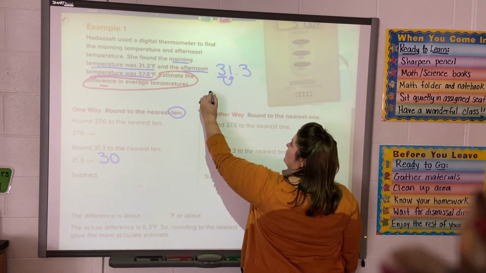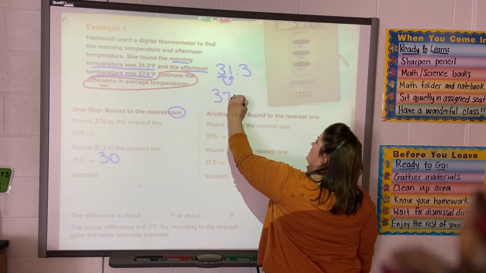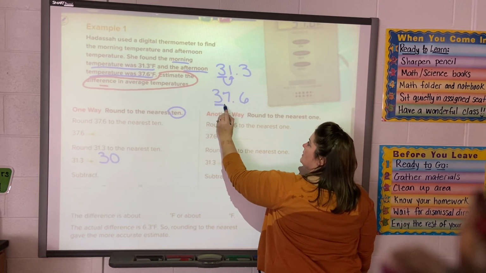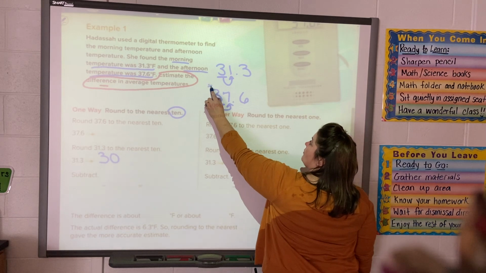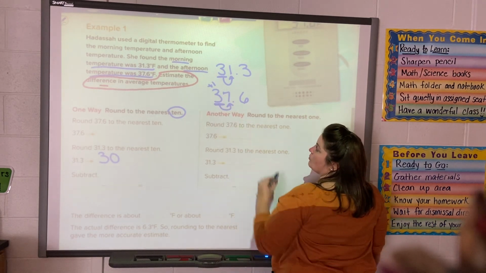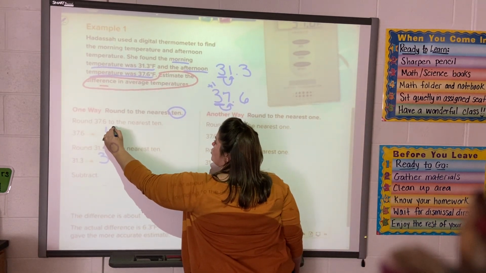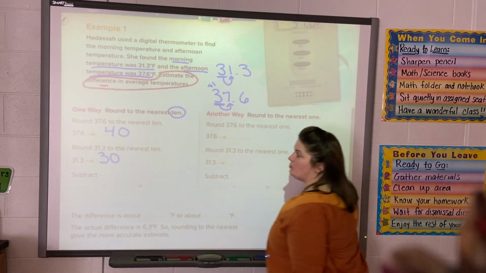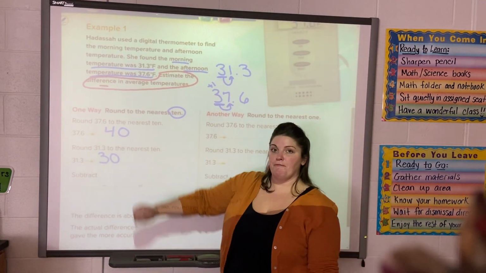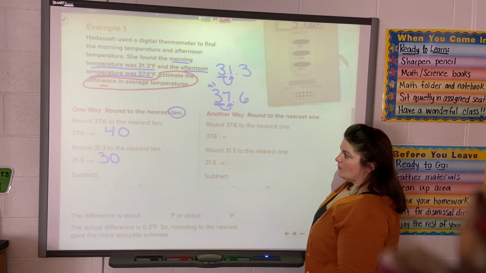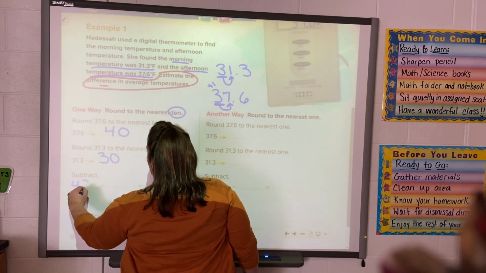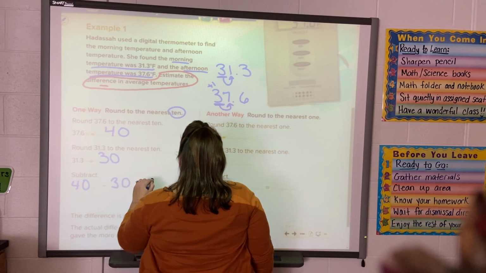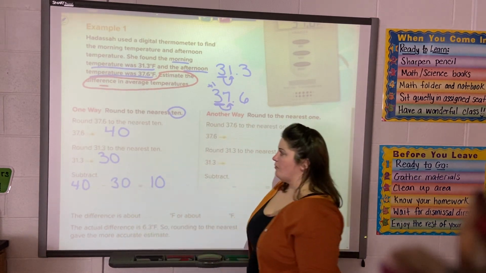Now let's do 37 and 6/10. My tens place, 5 and above, give it a shove. So I'm going to increase the 3 to a 4, and it has to be in the tens, so I'm making it 40. So if I subtract 40 minus 30, I get 10 as my difference.